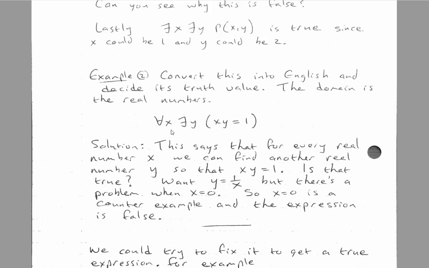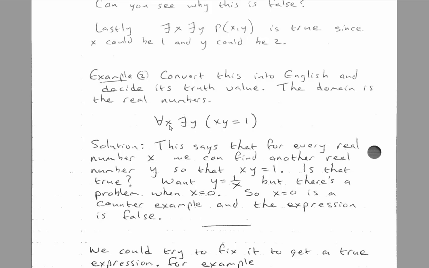So we have for all x, there exists y, so that x times y equals 1. Instead of a p of x comma y, we just have the explicit statement. Let's think about this.